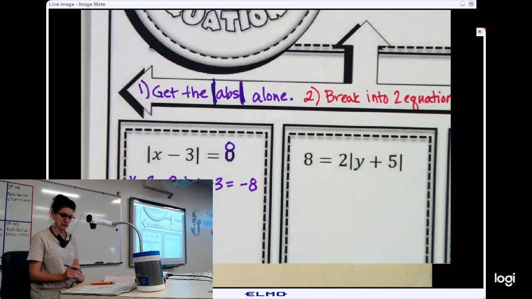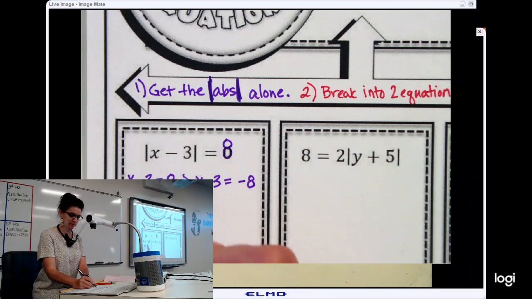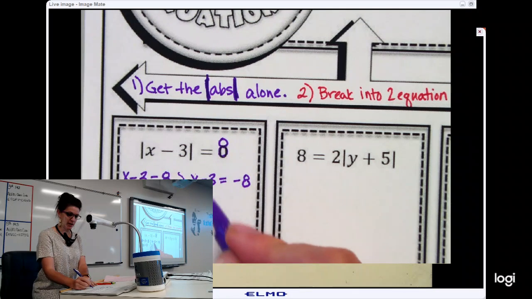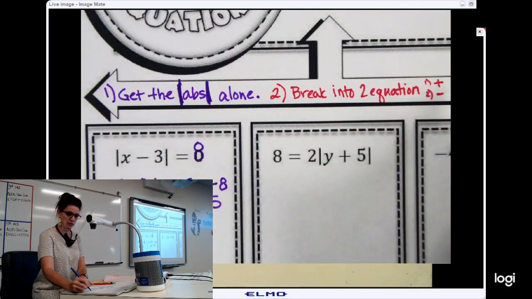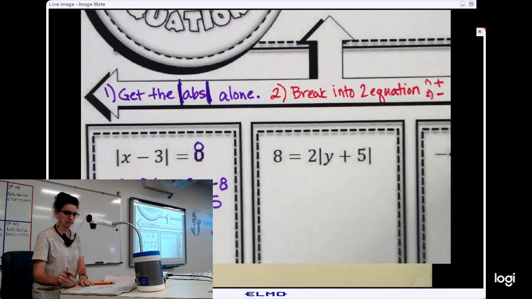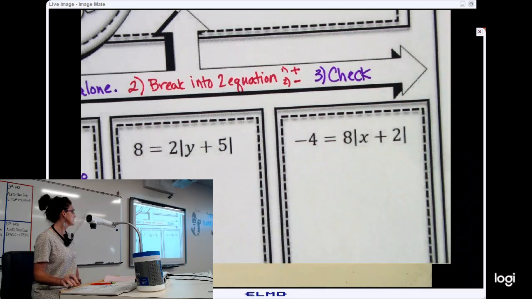Solve both of those equations. What will we have on the left-hand side? Add 3, we get x equals 11. On the right-hand side, add 3, we get x equals negative 5. And so then we need to check. Just put check right there on the end.